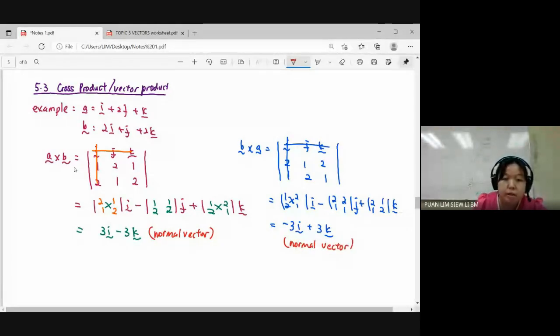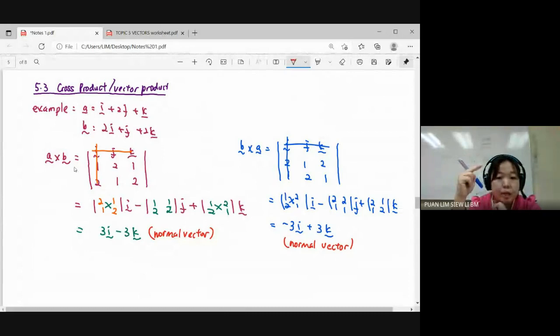Normal vector cuma direction dia opposite. One is positive direction, one is negative direction. So adakah dia salah? Dia tak salah ya. So bila awak kira, kalau you nak cari normal untuk plane, tak ada masalah. Kita nak positive direction pun boleh, negative direction pun boleh.